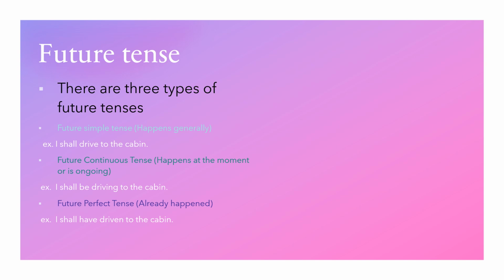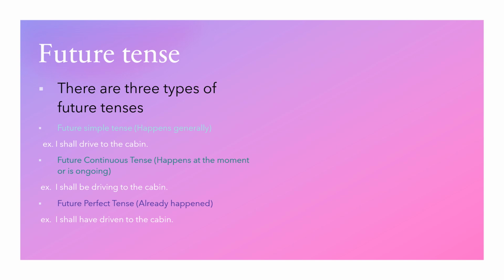So when focusing on future simple tense, right, I want you to look at the example sentence. And it states that I shall drive to the cabin. So we can see the sentence is within future tense, right? Because if you look at shall, you can see the sentence is future.